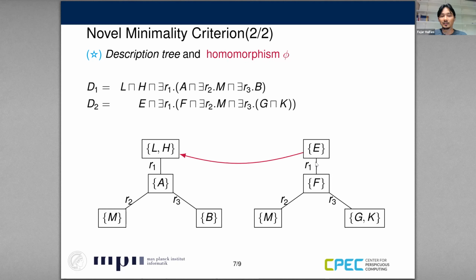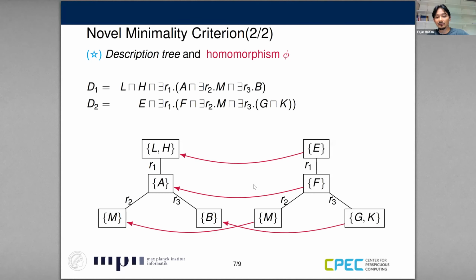So we start out with the root, and then whenever we find a labeled edge on the right side, you must find the similar labeled edge on the left hand side, and then you continue down like this. So here R1 R3 R1 R3, here R1 R2 R1 R2. So this is all fine, and that's all the ingredients.